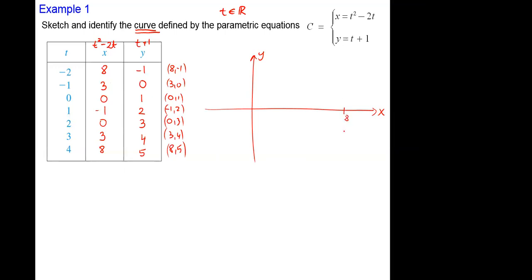And then 3, 0. It will be here. And then 0, 1, that's the point. And then negative 1, 2, this is the point.